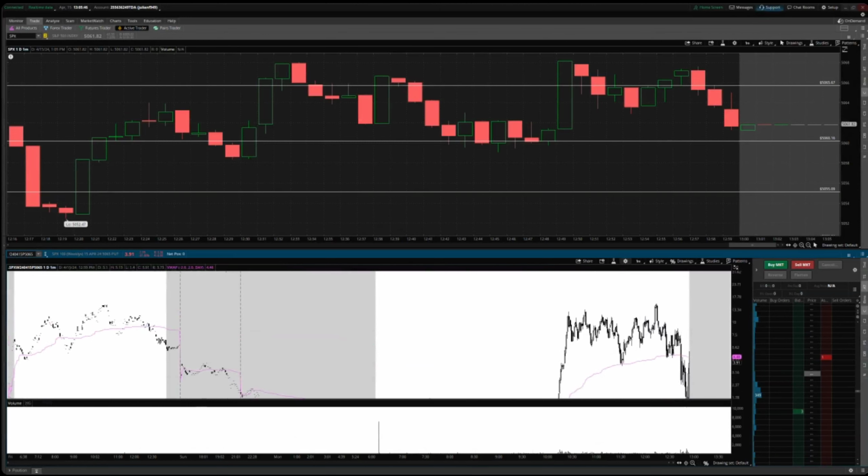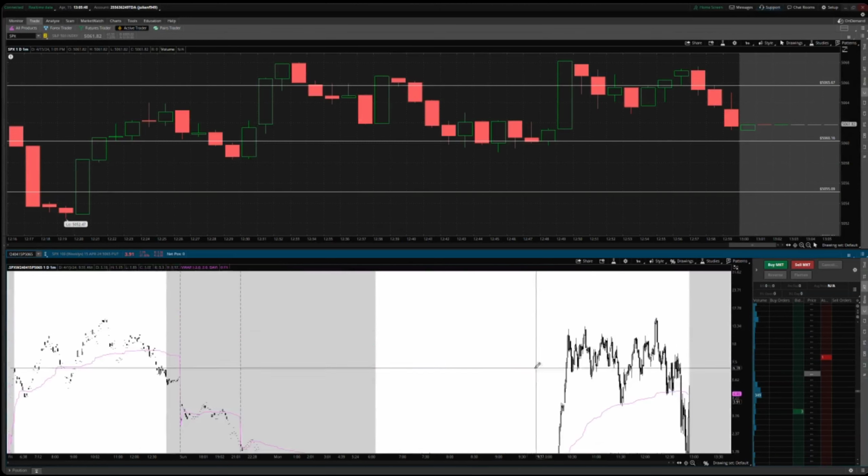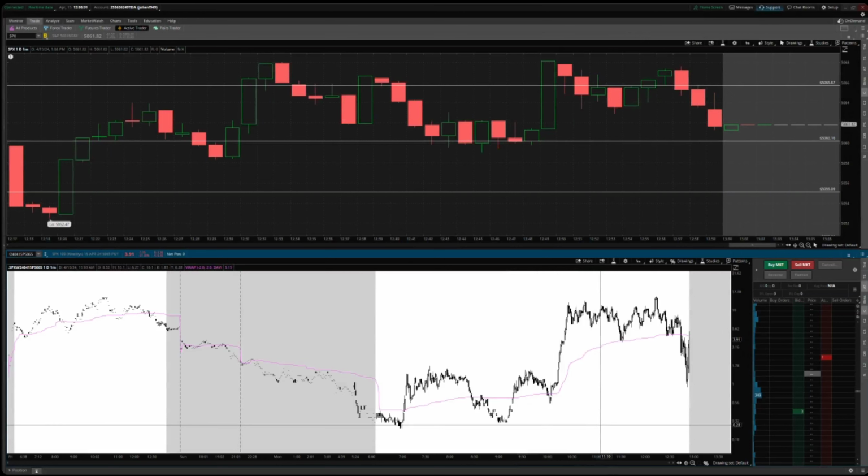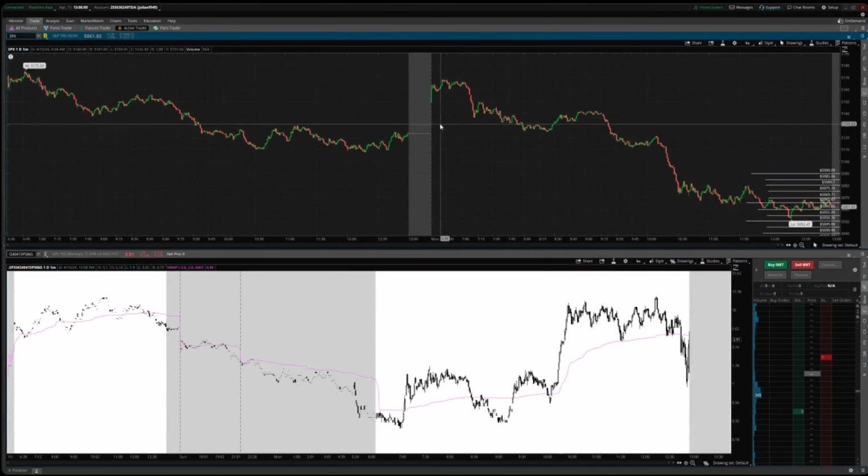So when you trade, do you have your option graph up, your option chart up? Okay. That is going to give you a huge disadvantage.